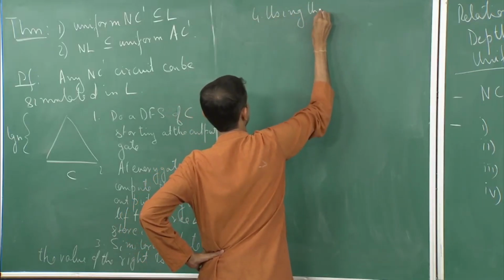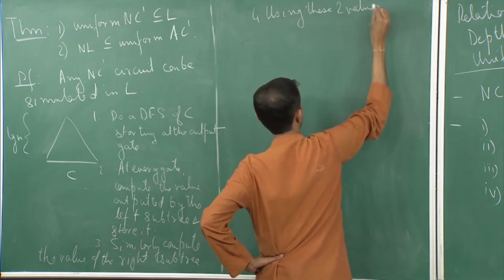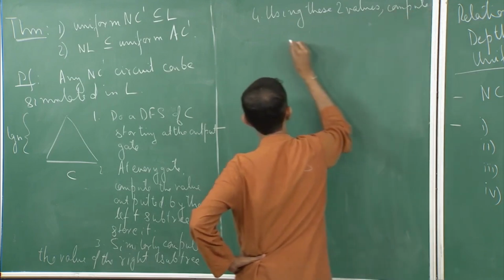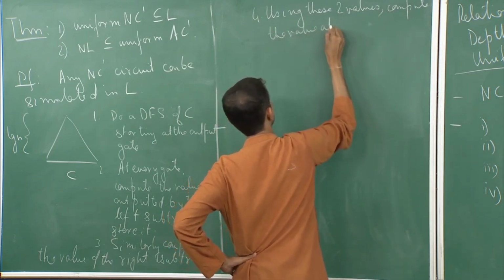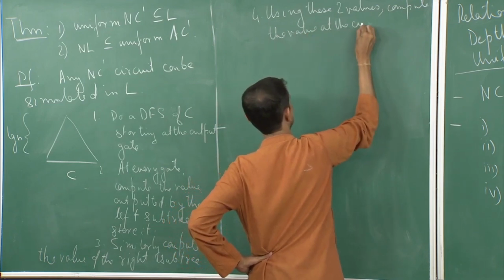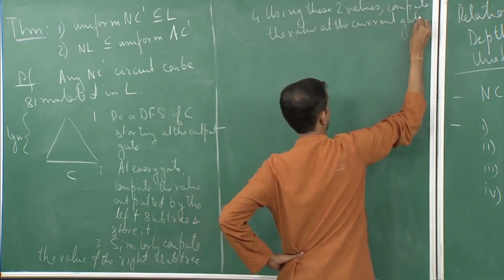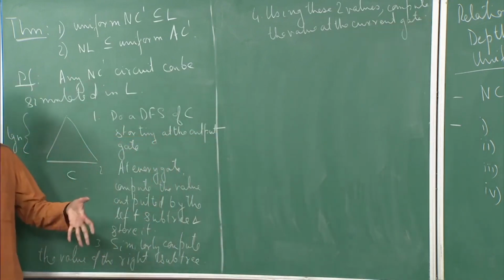Now using these two values, compute the value at the current gate. Okay.